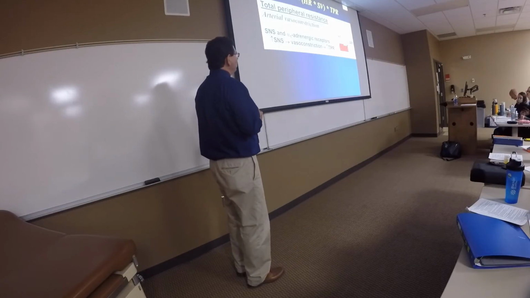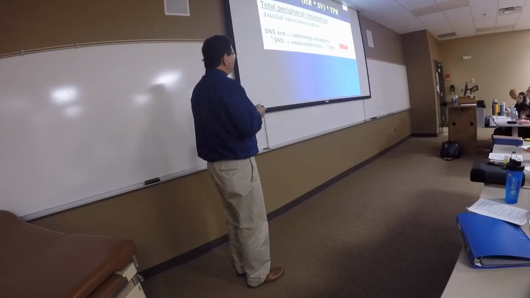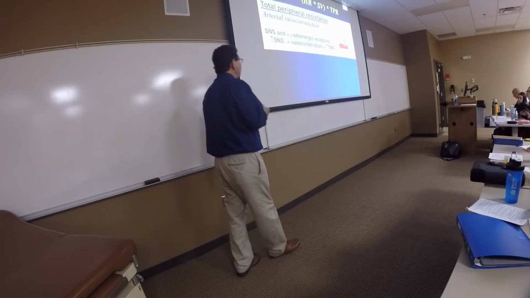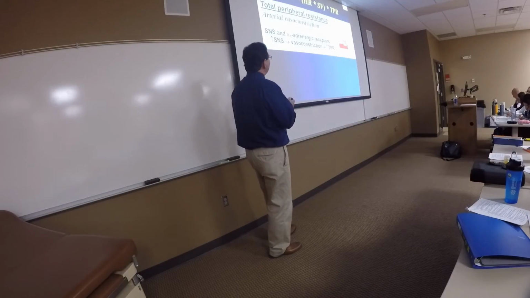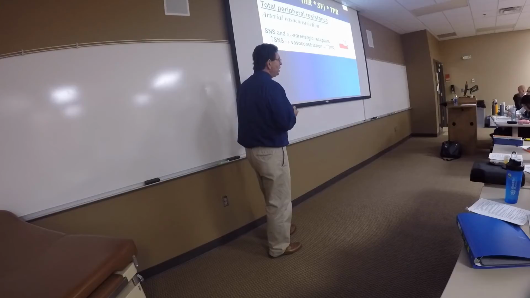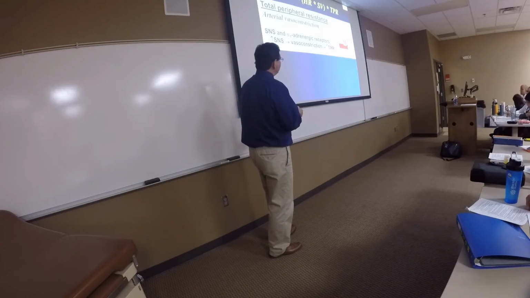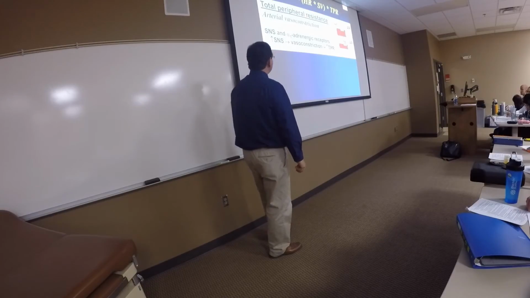So when norepinephrine binds that receptor, it causes vasoconstriction, which will cause a very large increase in total peripheral resistance. That increases blood pressure, mean arterial blood pressure. It goes the other direction: if you have a decrease in sympathetic activity, you'll have less vasoconstriction, less total peripheral resistance, more vasodilation.